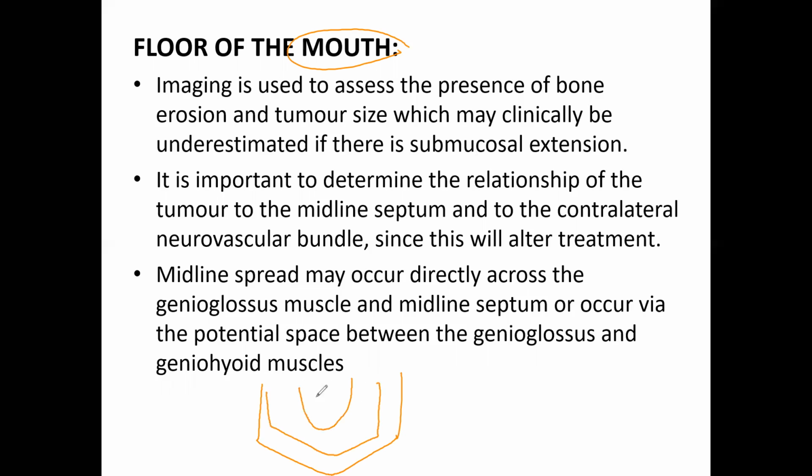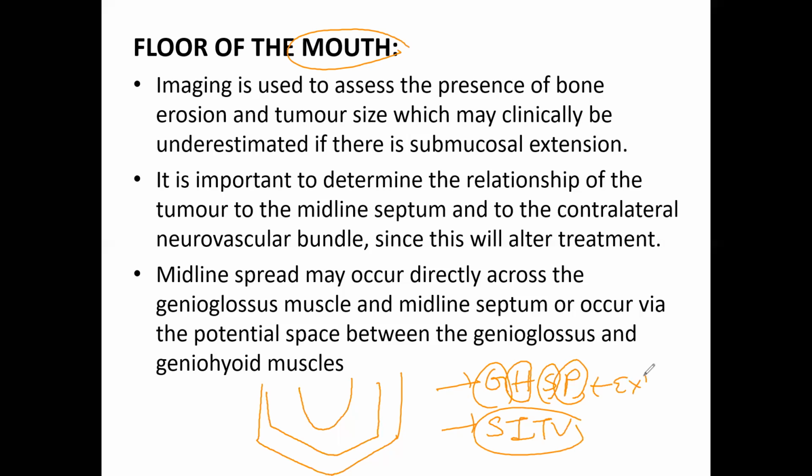The tongue is made up of GHSP: genioglossus, hyoglossus, styloglossus, palatoglossus, and the superior, inferior, transverse, and vertical muscles. These are the extrinsic muscles of the tongue, and these are the intrinsic muscles of the tongue. This should be kept in mind. When you lift the tongue, you have a frenulum like this, acting as a midline septum.